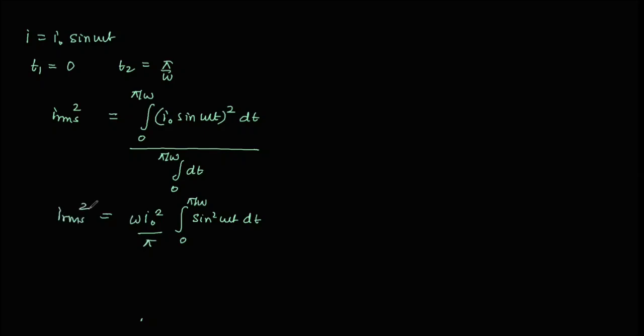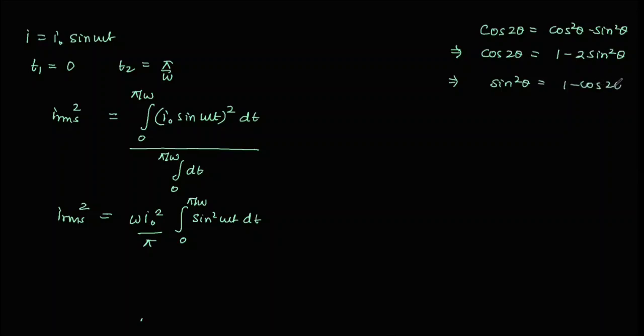From the formula cos 2 theta equal to cos square theta minus sine square theta, we can write cos 2 theta equal to 1 minus 2 sine square theta. From here, sine square theta can be written as (1 minus cos 2 theta) by 2.